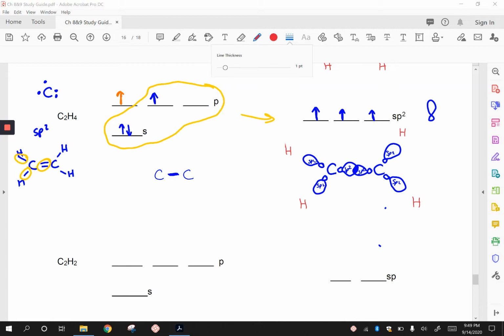I'm going to go ahead and make it a little thicker. And so each of those hydrogens have an S, just an electron and an S. Right, S looks like a sphere. So there's my overlap, linear overlap right there. And those 4 bonds are right here.